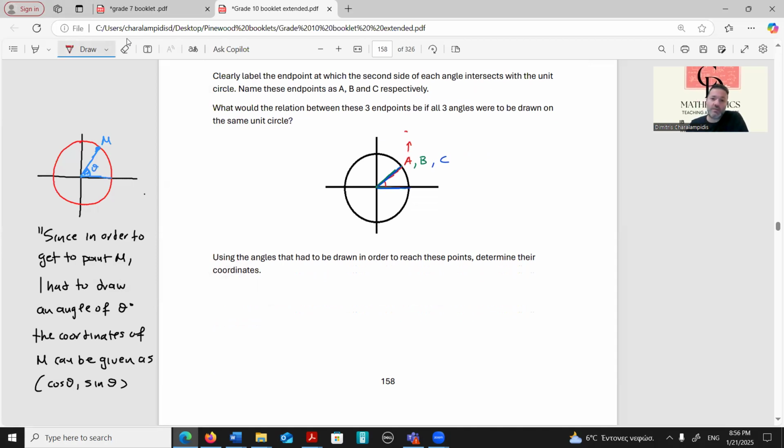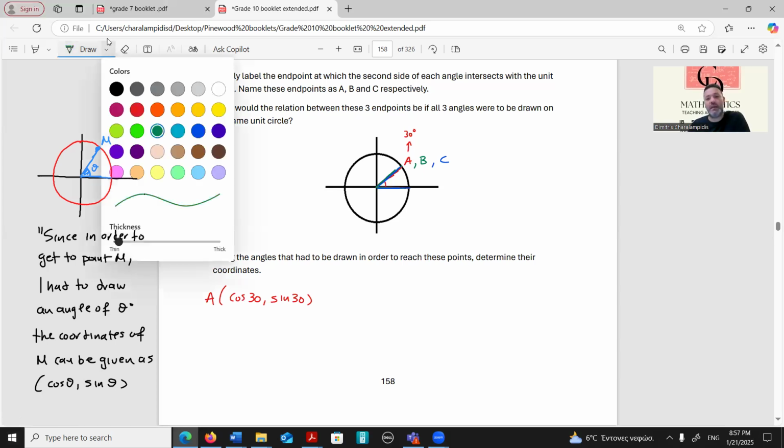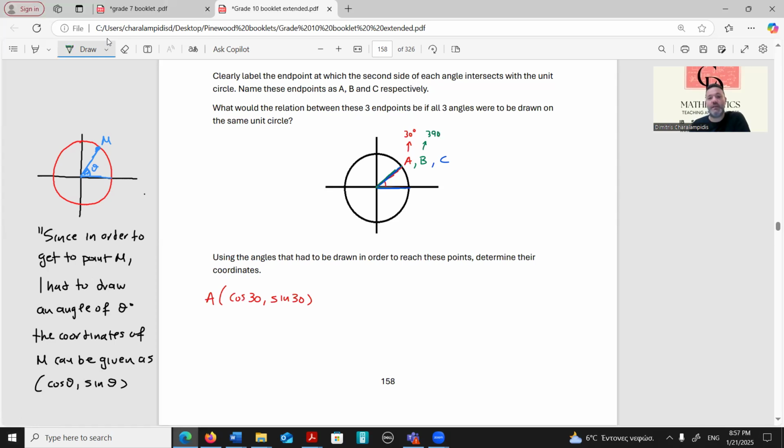For A, which relates to 30 degrees, I can say that since in order to get to point A, I had to draw an angle of 30 degrees, then the coordinates of A can be expressed as cosine 30, sine 30. Let's go to B, which is related to the angle of 390 degrees. And again, the poem will be the following.